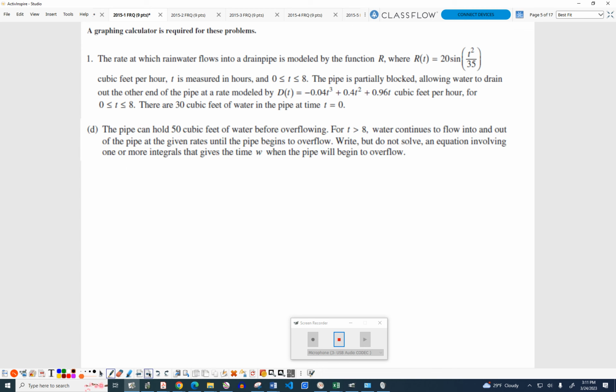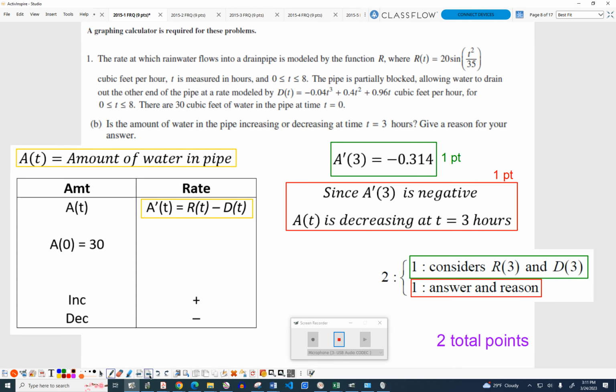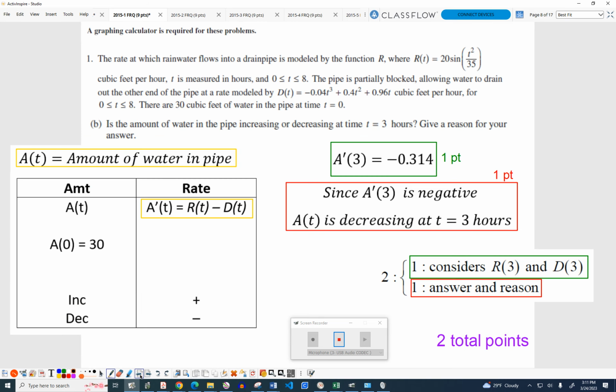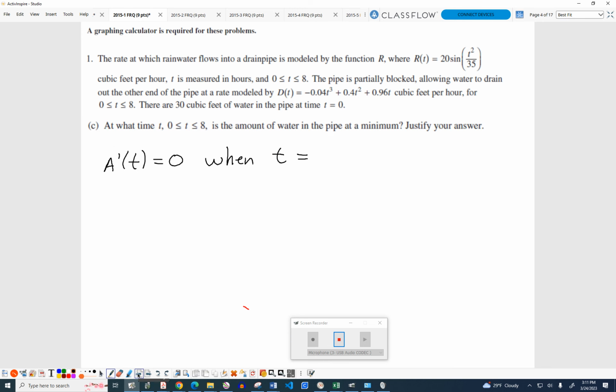I believe that step alone is going to earn them a point. Sure enough, right here. So if they have done that correctly, 3.272, they would get 1 point so far, just by writing that statement. That's worth 1 point.